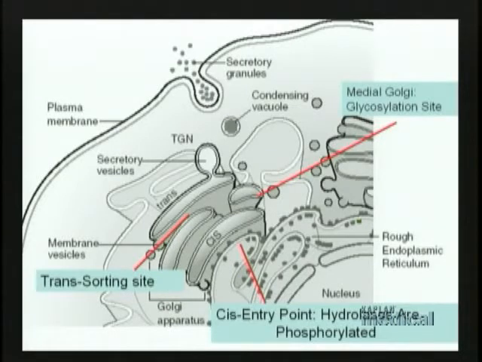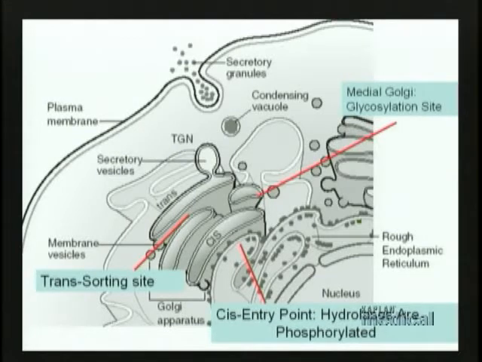So on this particular slide is a diagram illustrating the components and functional areas of the Golgi apparatus. And you can see that the parts of the Golgi are named as the cis portion of the Golgi, the trans portion of the Golgi, and what we call the medial Golgi. Each of these areas have slightly different Golgi-related functions.